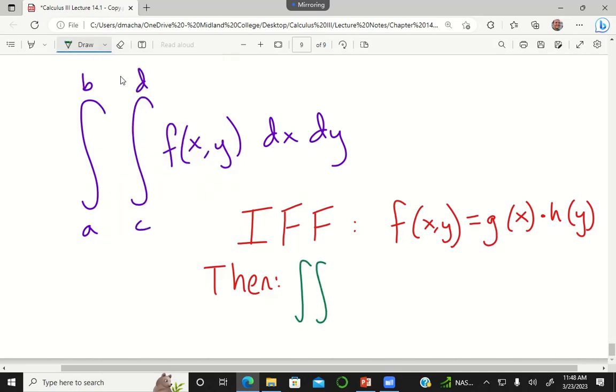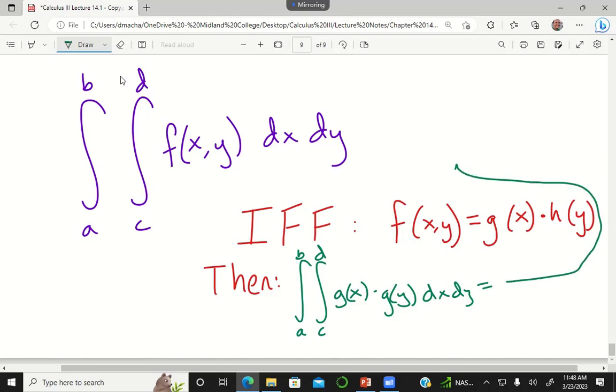The double integral of your function of x times your function of y with respect to x and y is equal to, I've run out of room. Let me write it up here.